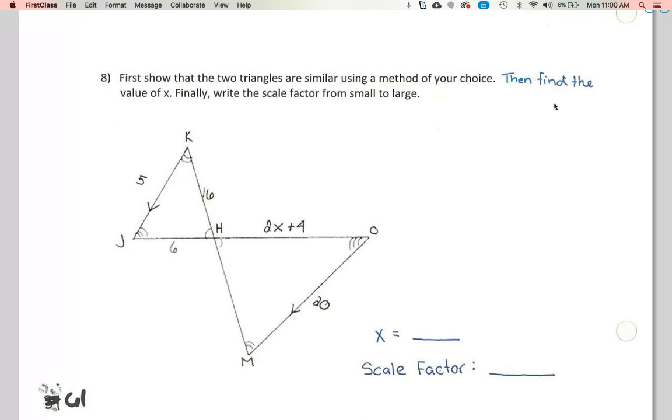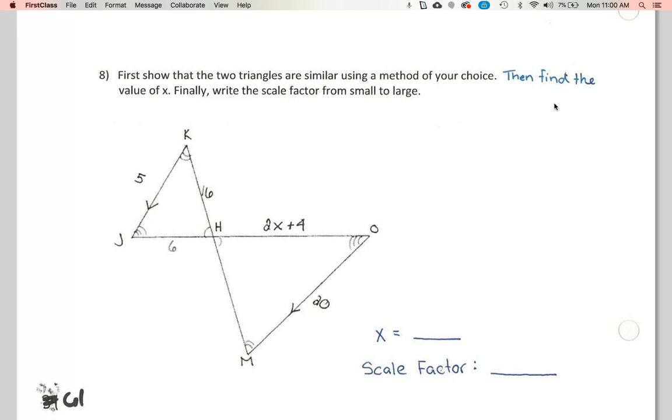Eight, first show that the two triangles are similar using a method of your choice. Now it's telling us that in that scenario, we have parallel sides. But even if we didn't have that, we still have these arcs in here. So pick your favorite ones.